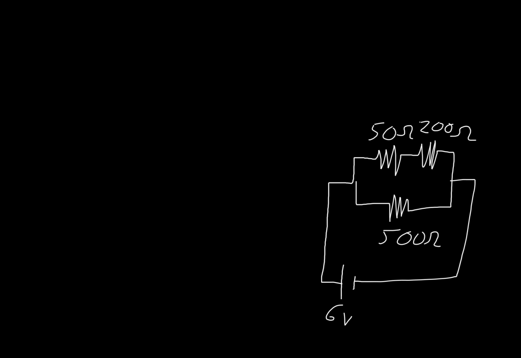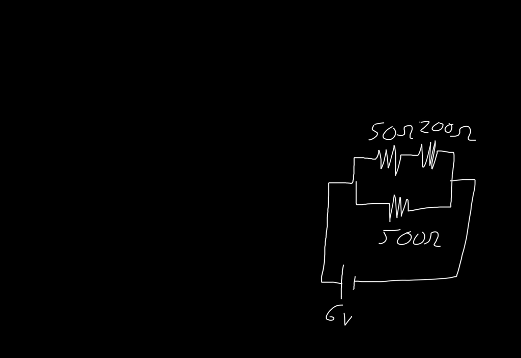However, inside this parallel circuit, we have this series circuit right here, the 50 ohms and the 200 ohms. This series circuit is inside the greater structure of the parallel circuit. So because the series circuit is inside the structure of the parallel circuit, we're going to start by trying to solve this series circuit.